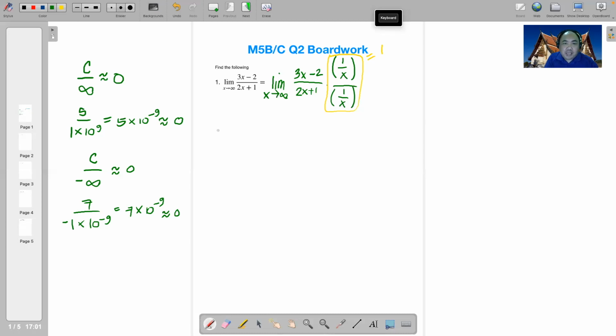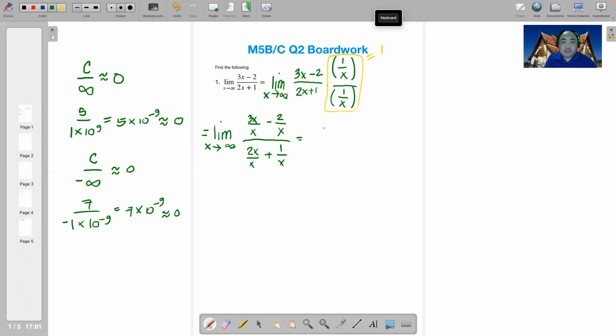But look at what happens. The moment you do that and do the distribution, you will get the limit of 3x over x minus 2 over x divided by 2x over x plus 1 over x as x approaches infinity.